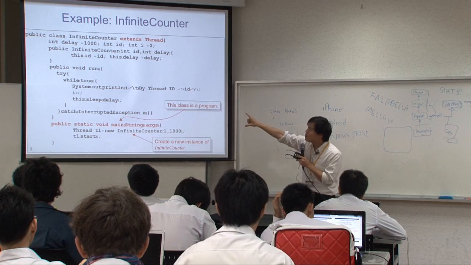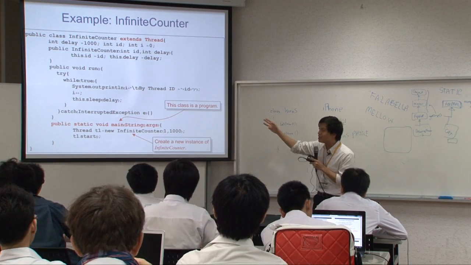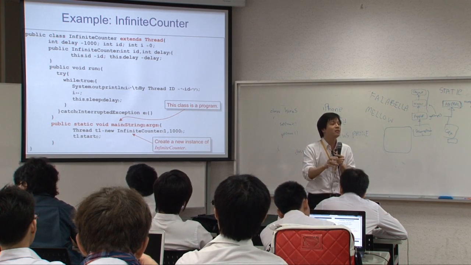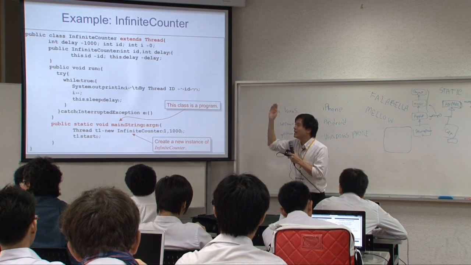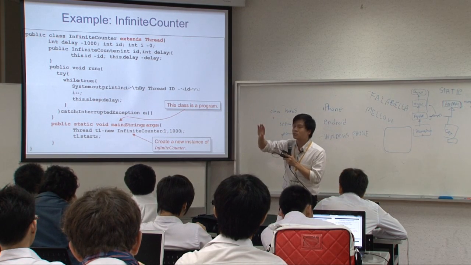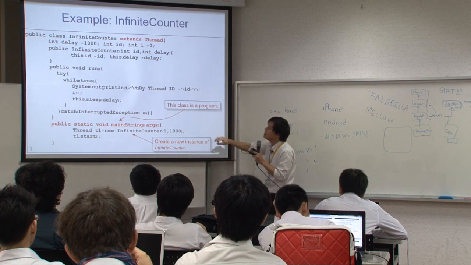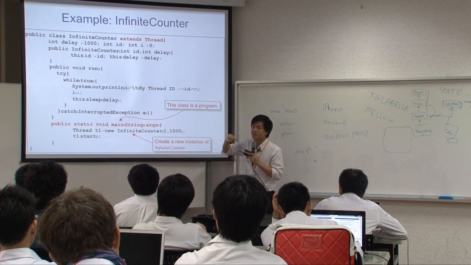Then we have public void run. This public void run is from the last slide. It is where we put in the behavior of our own thread, right? Of course, we have some try catch. We will not worry about those details yet. But the thing is that we have an infinite loop inside the run method.